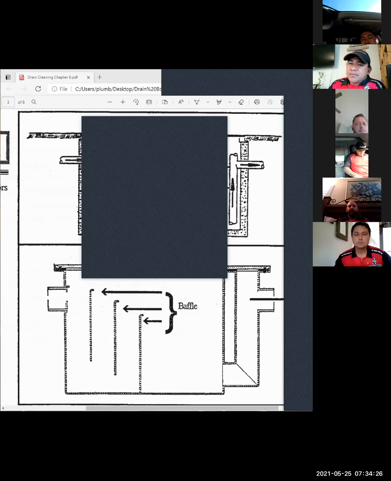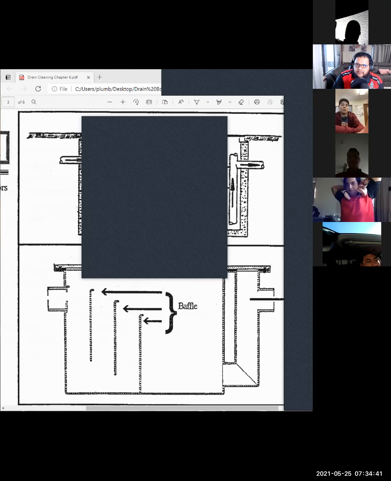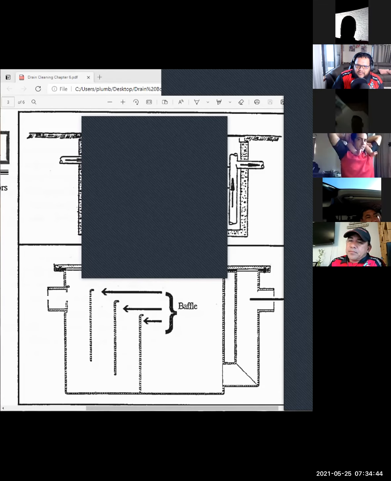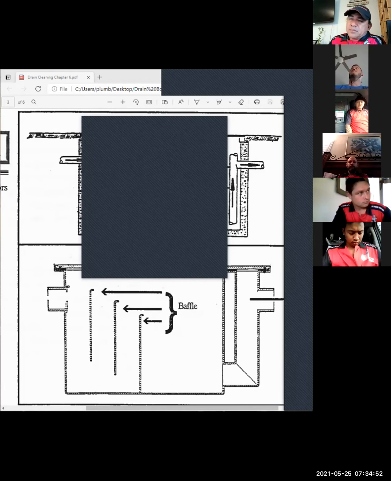But anyways, the dishwashers here on Maui were taken off being installed on the grease line. I think we talked about this earlier, that Oahu is still allowing grease traps to be tied in on the grease line.